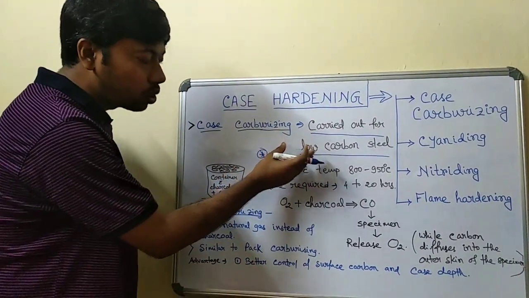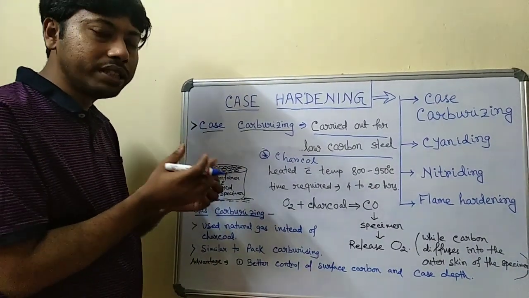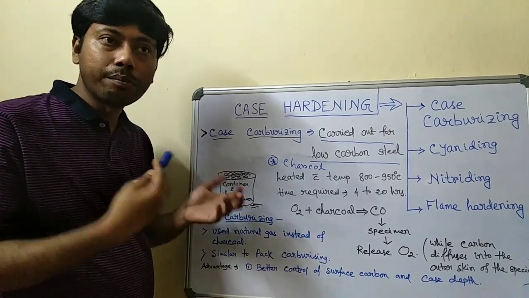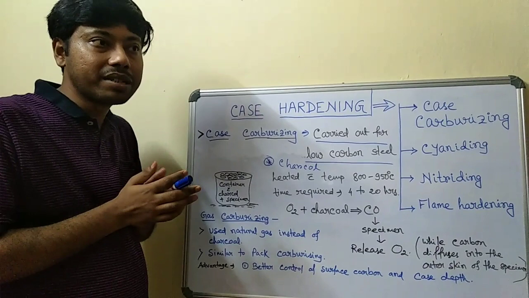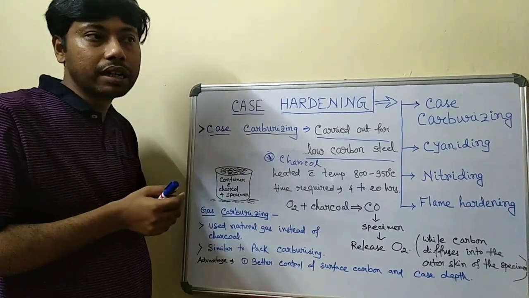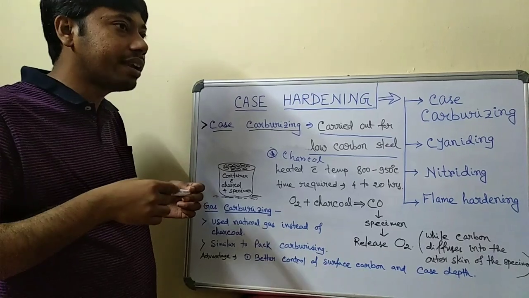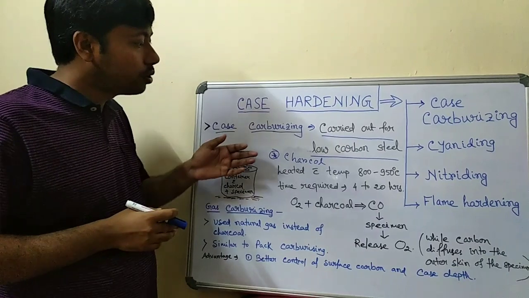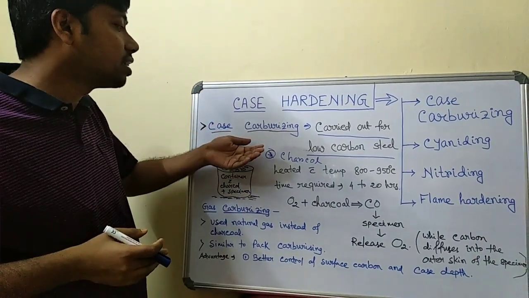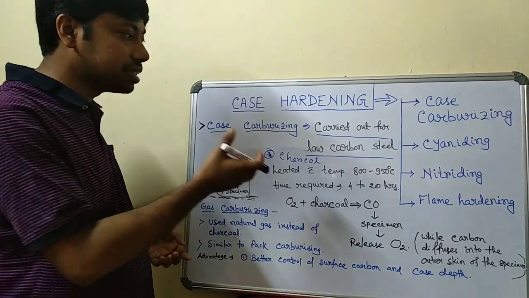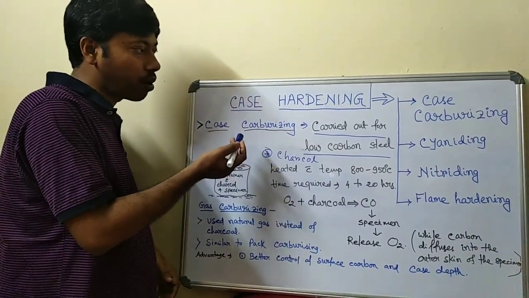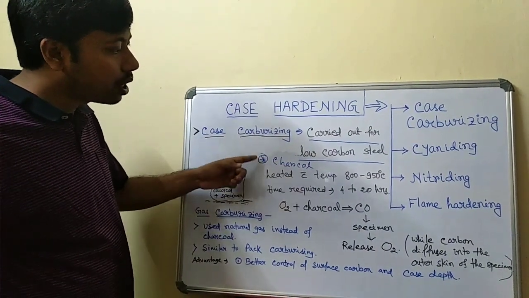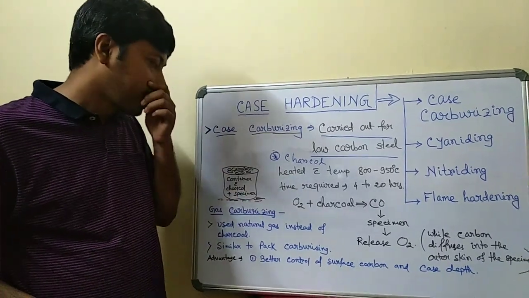It is used for low carbon steel because, as you know, in the quenching process the main phases present are martensite or bainite, which are hard and brittle in nature, and this is not easily carried out by quenching for low carbon steel. But with other case hardening processes, it is easily possible for low carbon steel. That's why case carburizing is carried out for low carbon steel, with charcoal as the material.